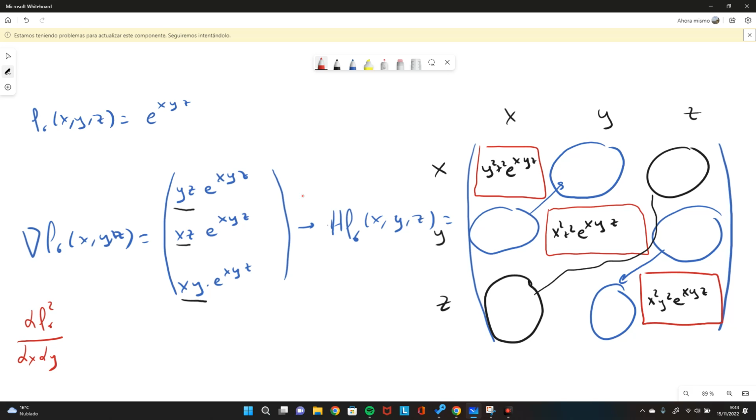And so here we have that we have z as a general constant, and then we have a product of y times e, okay?